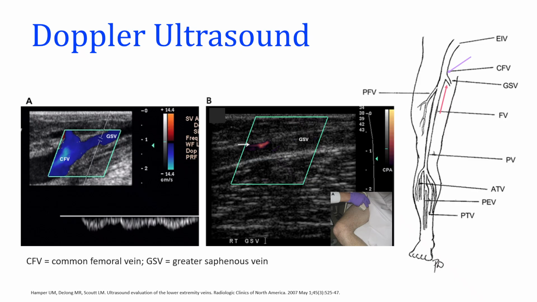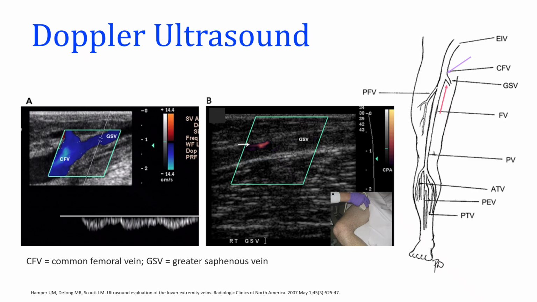The presence of a normal blue color flow and Doppler waveform indicates that blood is moving freely through the veins. In image B, Doppler ultrasound shows a thrombosed greater saphenous vein, where there is absent flow within the vein, as we see no color within the vessel.